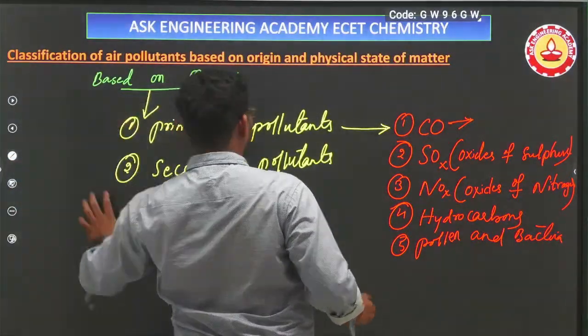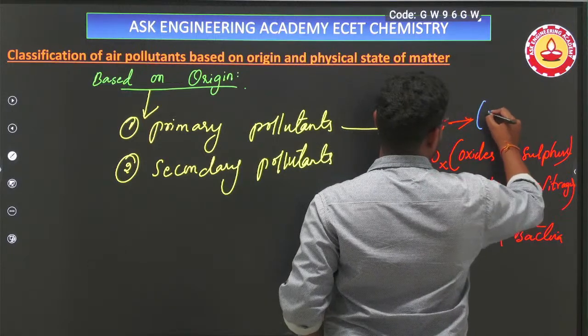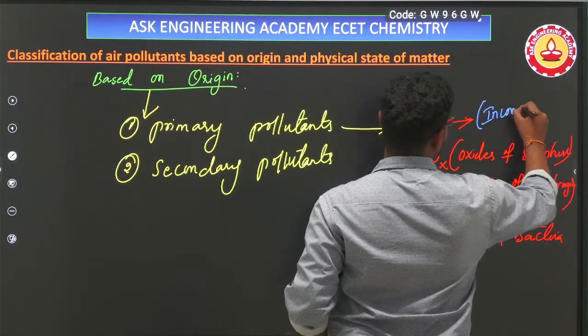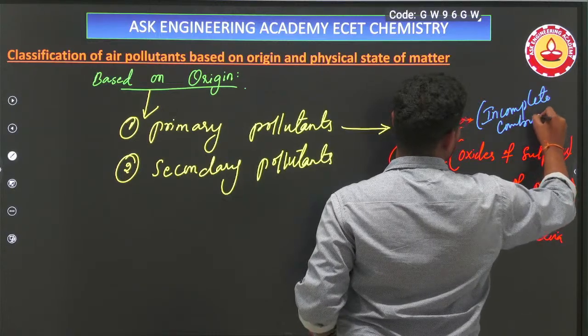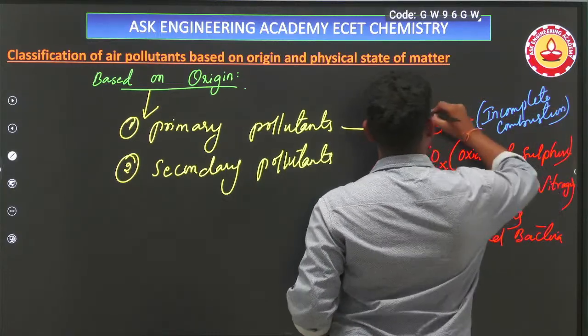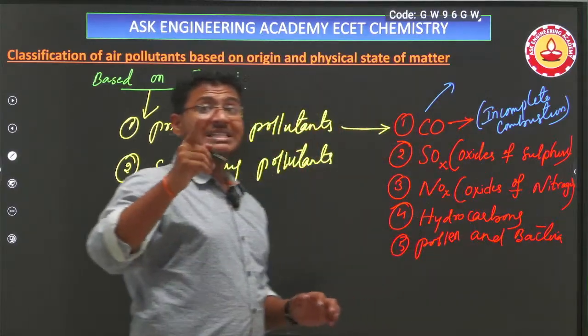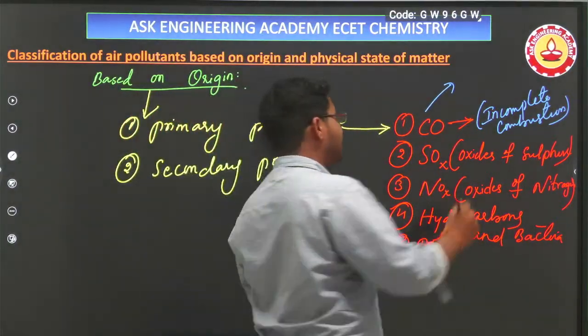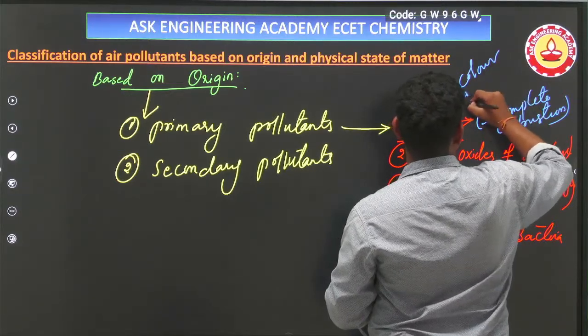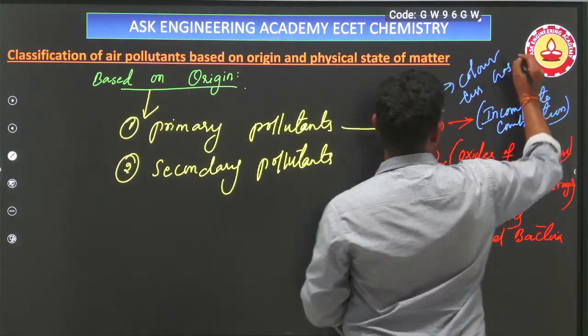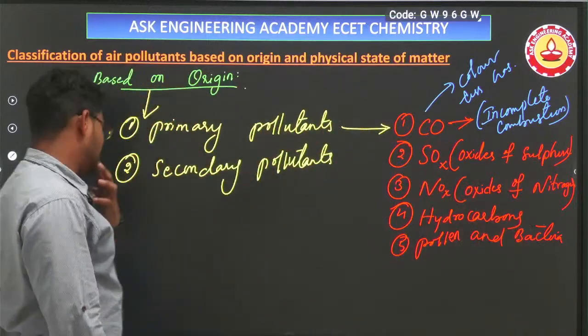The question will be: carbon monoxide is a colorless gas. It is also one of the Ecet questions. Colorless and odorless, it has no smell also. So this is all about carbon monoxide.